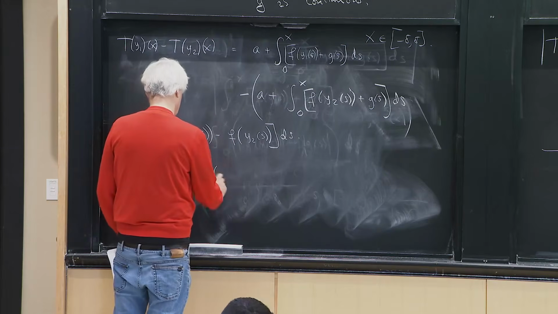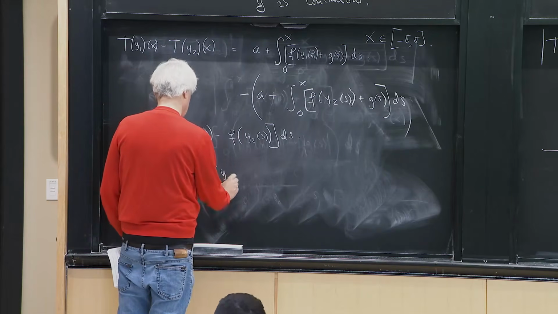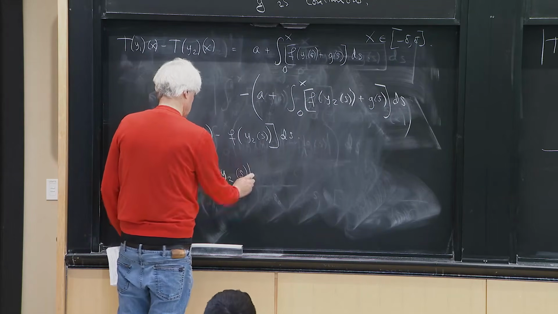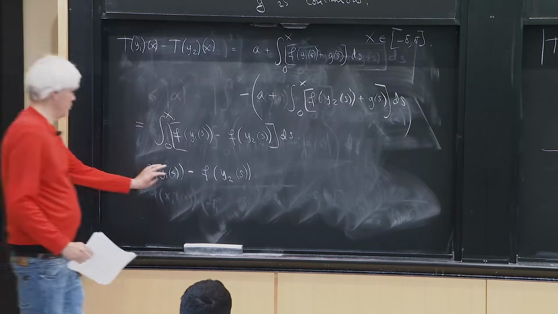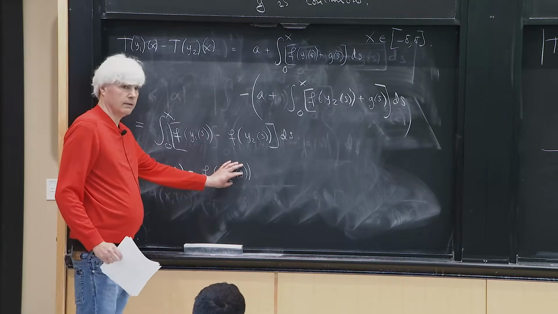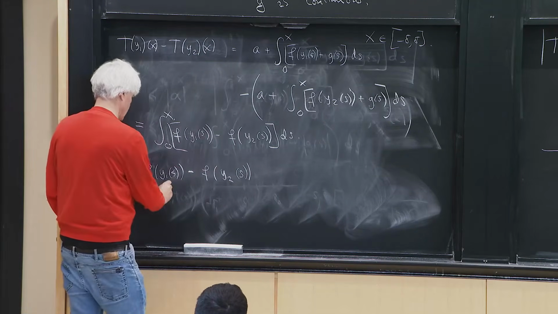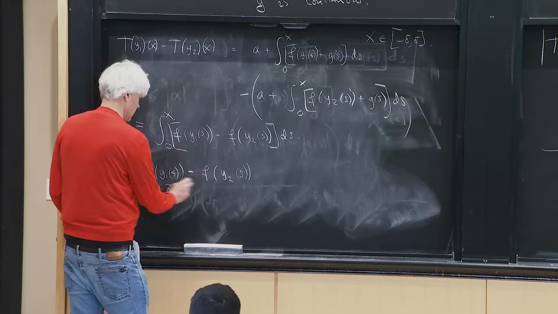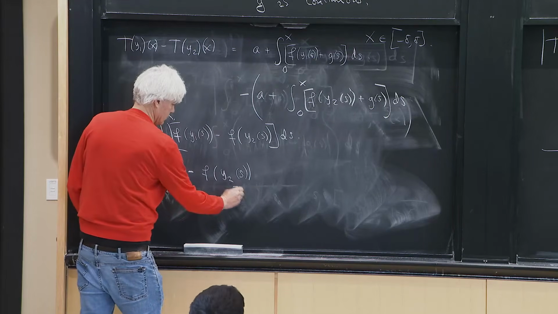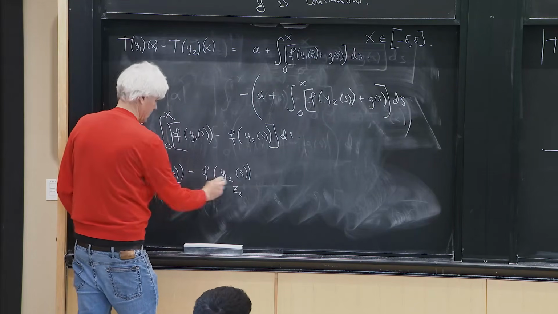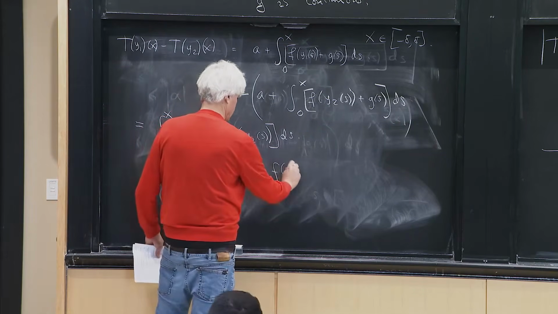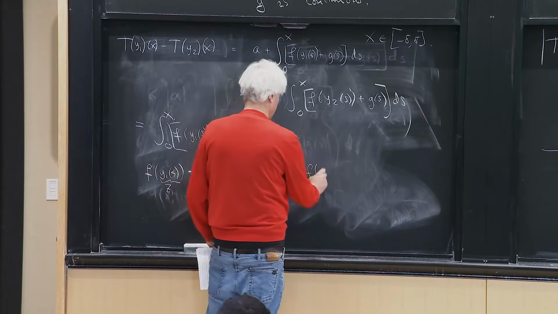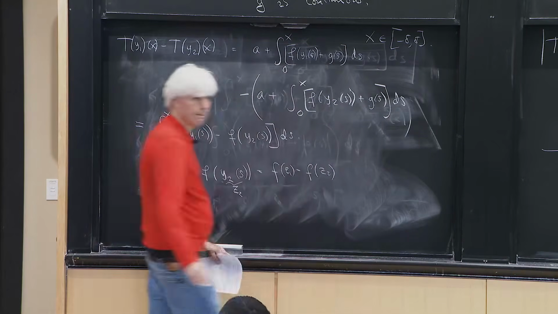If you think about s as being fixed, then this is just two numbers. You could think about this as set 1 and this as set 2. So it's like f of set 1 minus f of set 2.